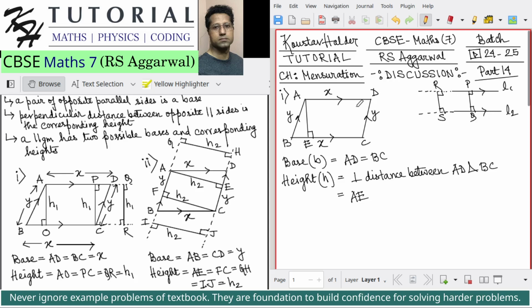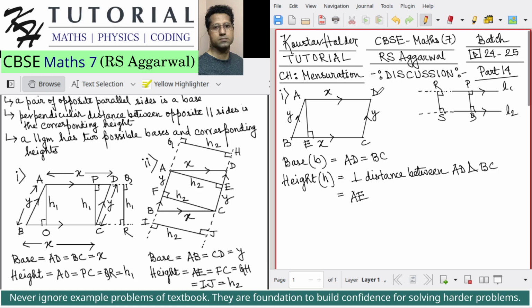and L2. Similarly, in the parallelogram, AD is parallel to BC, and one perpendicular distance between them is AE. Similarly, I can draw another perpendicular distance between the parallel lines AD and BC.